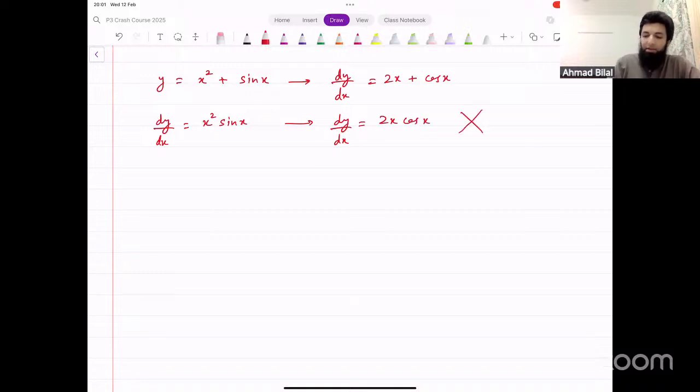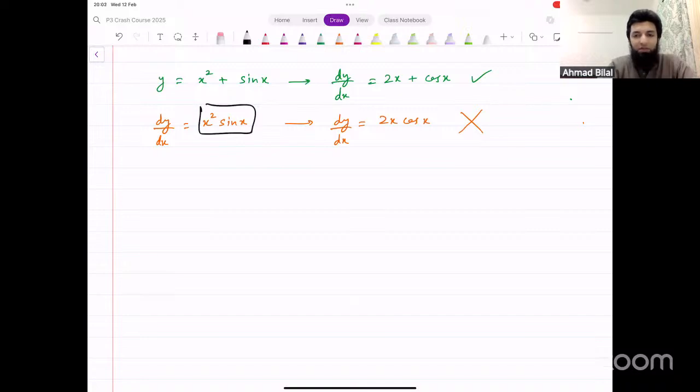Okay. In the previous example, they were separate terms. X squared was a different term. Sine x was a different term. So we could differentiate each one of them separately, and we got the derivative, and that was correct. But when they're multiplying, this whole thing is one single term.